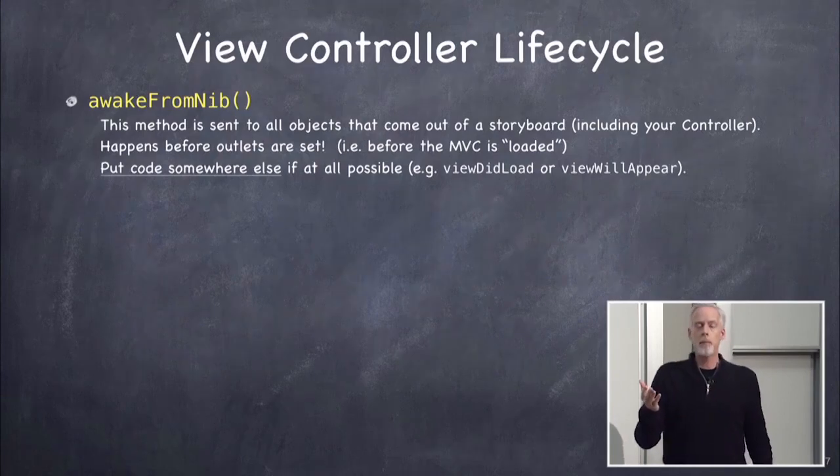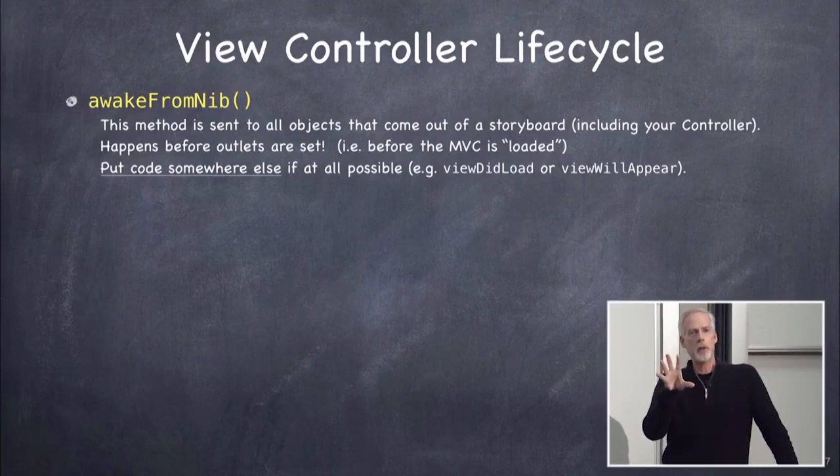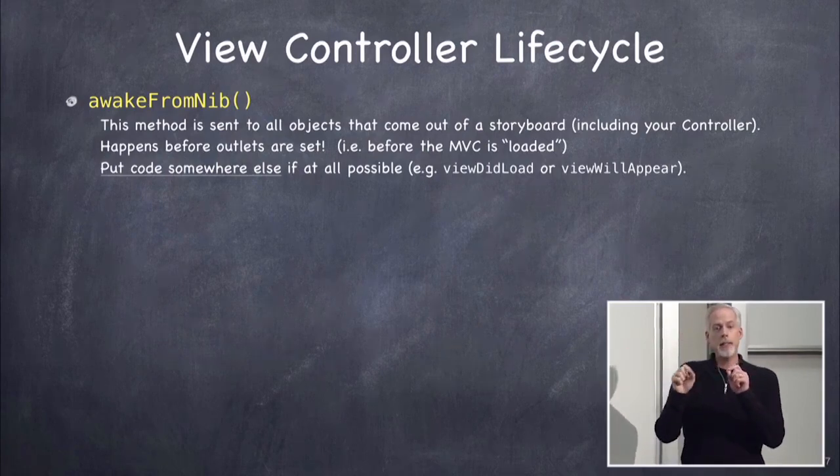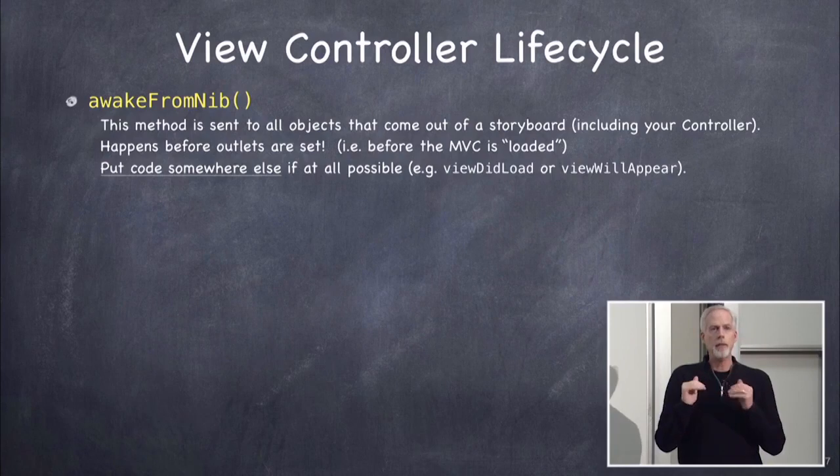For example, remember I mentioned you want your split view controller to come up showing the face, or showing the emotions instead of showing the face. And so in your calculator, it would come up showing the calculator instead of the calculator's graph. And I said you needed to do that by setting a delegate, the delegate of the split view controller. That's something you might want to do in awake from nib. Just really early, get that delegate involved early. We'll talk about delegates on Wednesday.